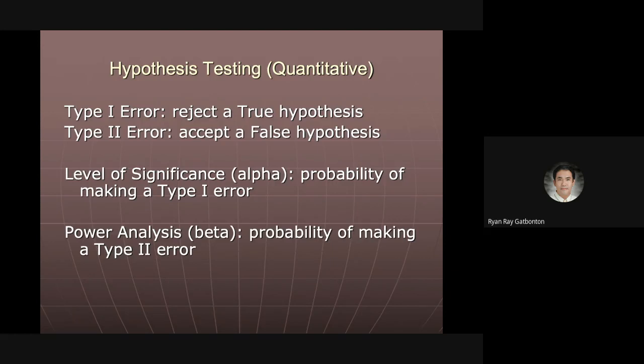Type 2 error can be prevented by establishing the beta or the power analysis. This is usually set at around 80%.